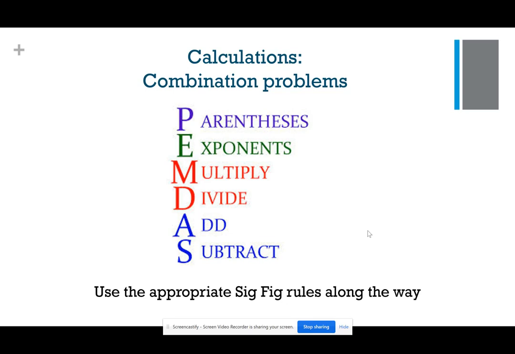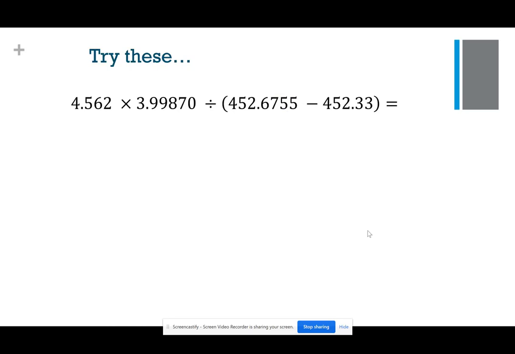Then I add and subtract, I pause, I figure out the sig figs. So you just want to use those rules along the way as you work through a problem. And if you need practice with that, here is an example for you to try on your own. Go ahead and pause the video, try this example on your own.